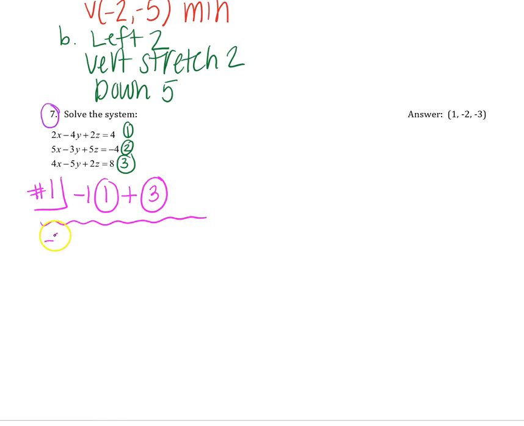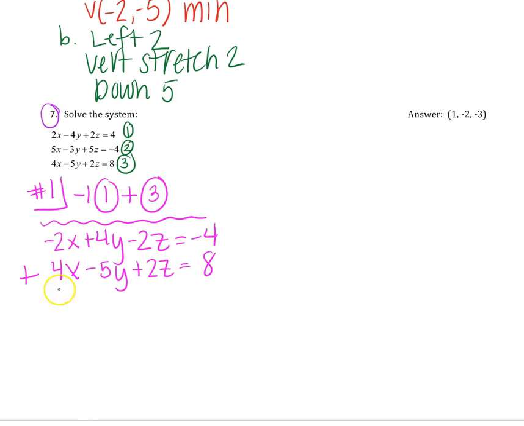So I have -2x plus 4y minus 2z equals -4 plus equation 3. And add. So it looks like I've got 2x minus y, z's will cancel, is equal to 4. Okay, so that's good. Now I gotta eliminate z another way.